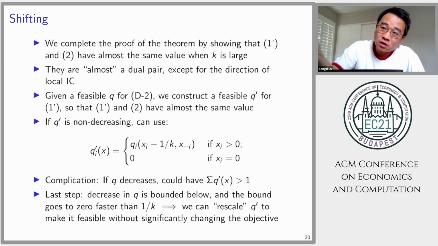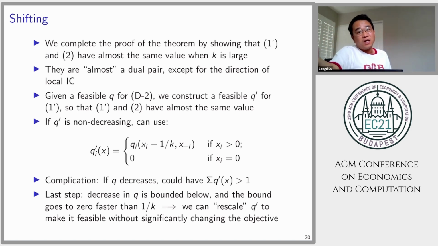So we have to be very careful. We have to do some rescaling and then carefully show that when k is large, it doesn't change the objective by that much, but it can be accomplished.